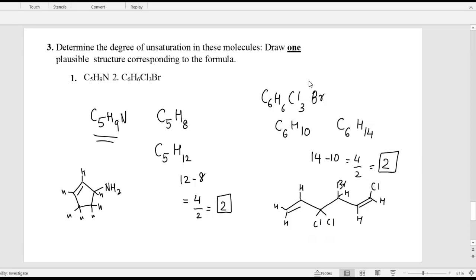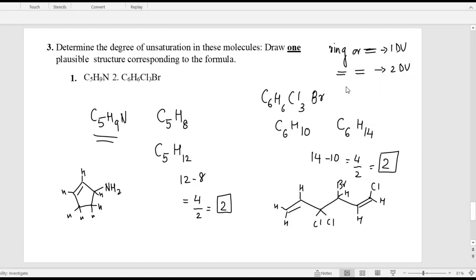So remember, if you have a ring or a double bond, it corresponds to 1 degree of unsaturation. If you have 2 double bonds, then it corresponds to 2 degrees of unsaturation.